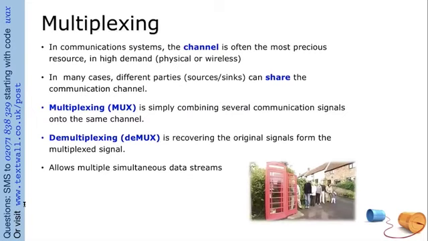Okay, so we still haven't really spoken about multiplexing. So multiplexing is a way to improve the efficiency and the privacy of your communication. Efficiency, that means we're able to transmit more bits per second through the same channel. And privacy, so that communication is less easy to intercept and less exposed, because you have multiple parties sharing the same channel.